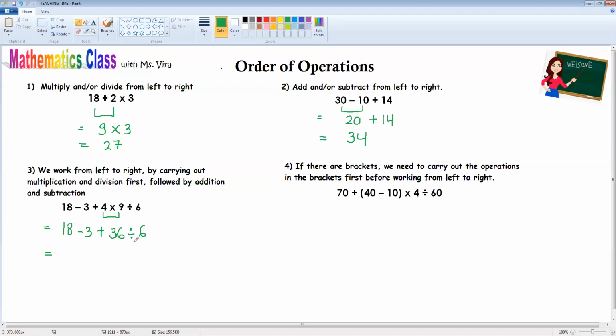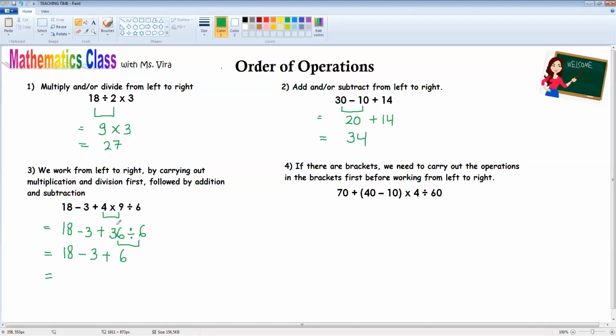Then we have to divide first, because it has to be from left to right, but multiplication and division first. So we write it again, 18 minus 3 plus 36 divided by 6. It's 6. Now it's left with subtract and add.